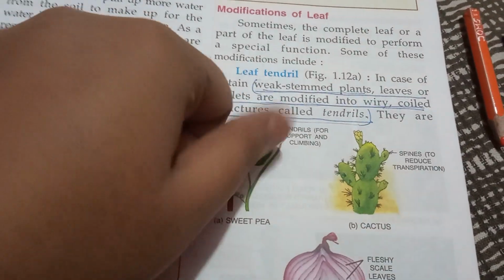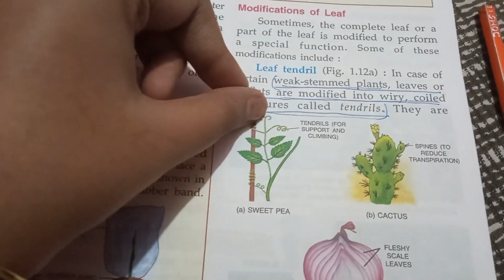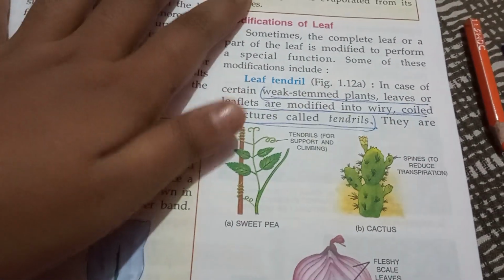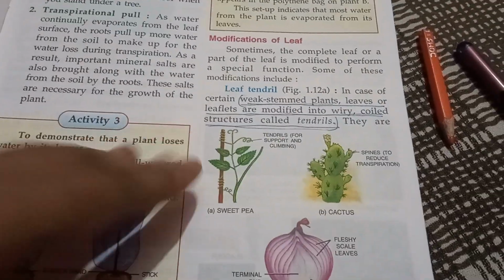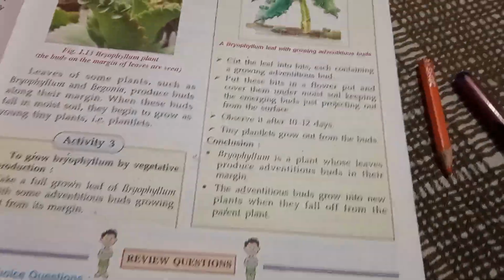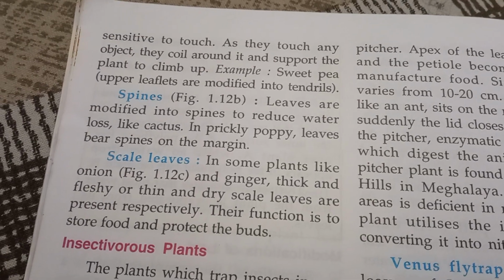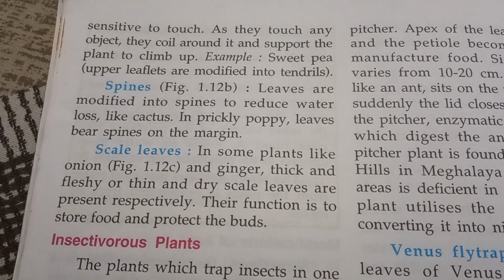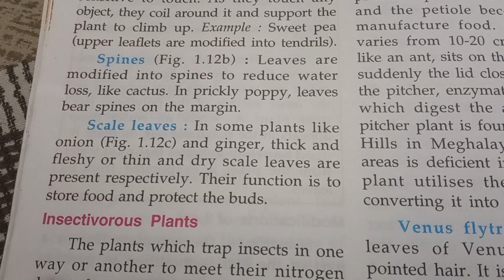Here these are leaves, but there are only four leaves. From the nodes where the leaves should be arising, the tendrils are arising, which are a modification of a leaf. They are sensitive to touch. As they touch any object, they coil around it and support the plant to climb up. Example, sweet pea. Upper leaflets are modified into tendrils, as I told you.